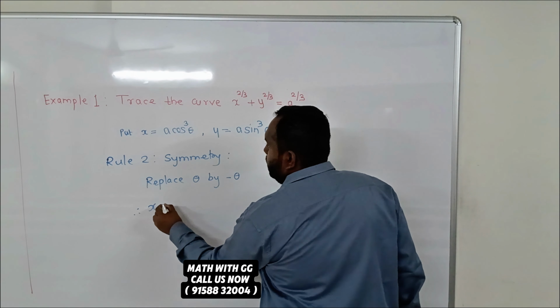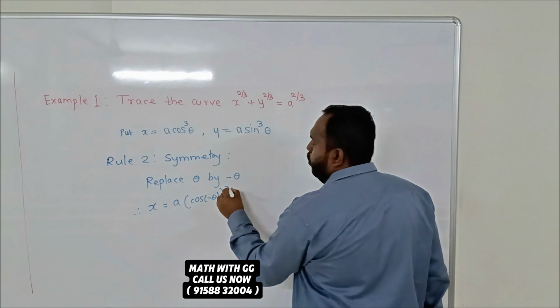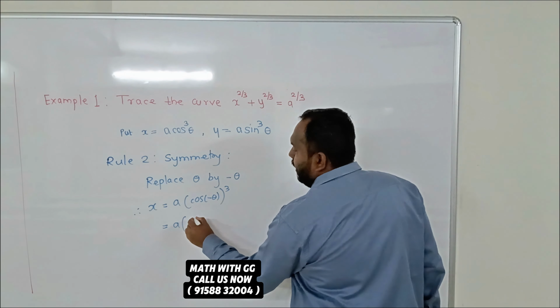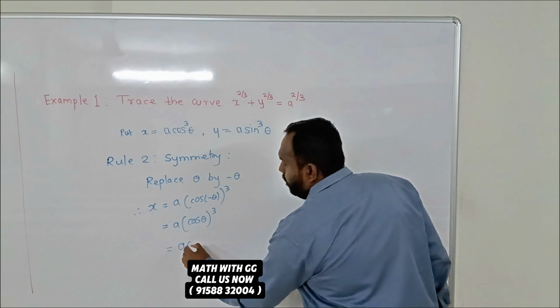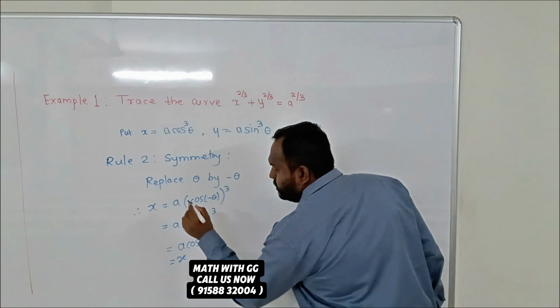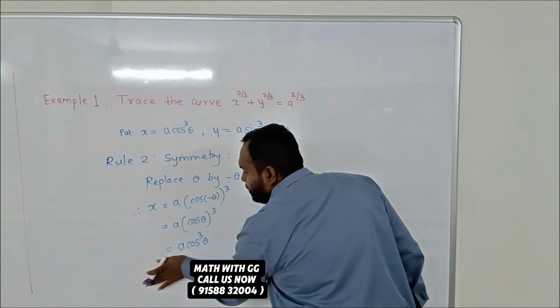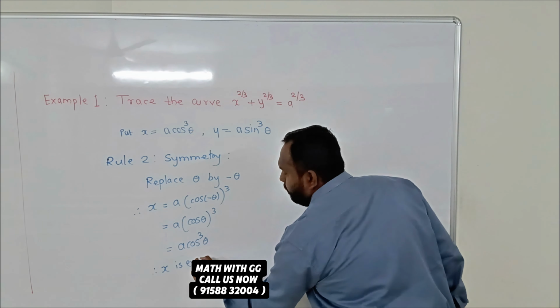Therefore, x is equal to a cos of minus theta whole cube. We know that cos of minus theta is cos theta, whole cube. So we get a cos cube theta, which is equal to x. That is, the sign of x doesn't change. Therefore, x is an even function.